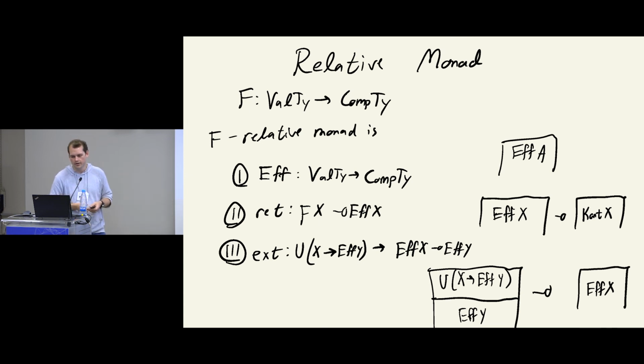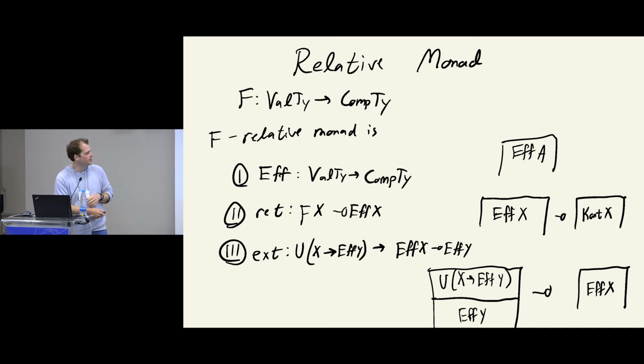The idea is that EFF A, like our FA type, is some notion of continuation for A's that also allows us to perform whatever effects we want to do. And return, if you view it as this linear function flipped around in terms of stacks, says that given an EFF X stack, we can turn that into a continuation for X's, and then you could just return to that continuation.